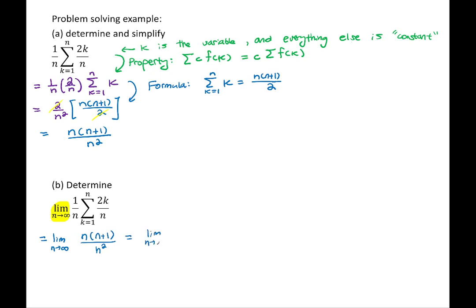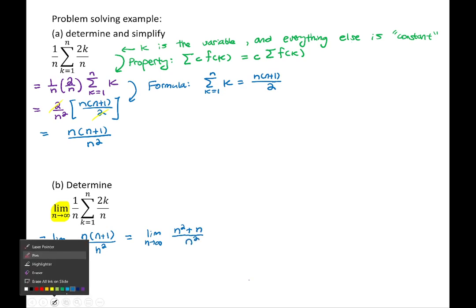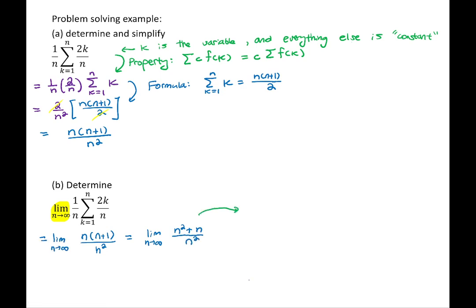I'm going to simplify the top by distributing that multiplication. So n times n is n squared. n times 1 is just n. Next, I'm going to use a fraction rule: a plus b over c is equal to a over c plus b over c. Think about that backwards. If you had something like 1 over 10 plus 3 over 10, the denominators are already the same, so that would be 1 plus 3 over 10.